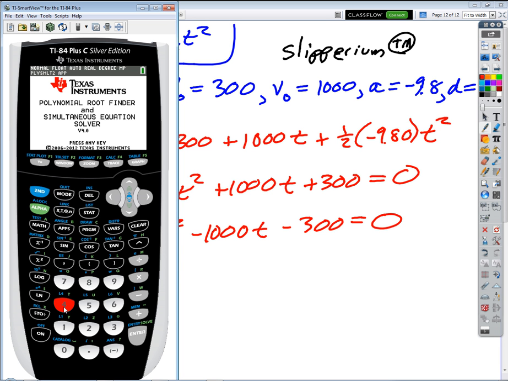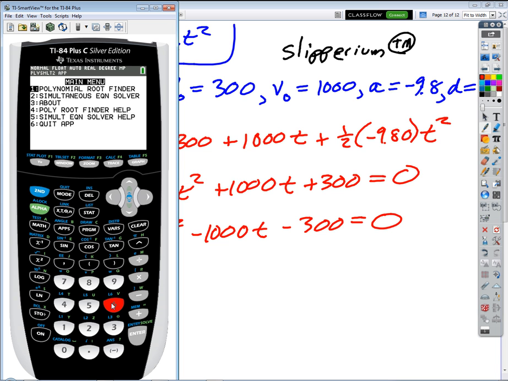So let me do that again. The one that we want, you go apps, and it's that one. What that stands for is polynomial simultaneous equation solver, and this is the second version of it.